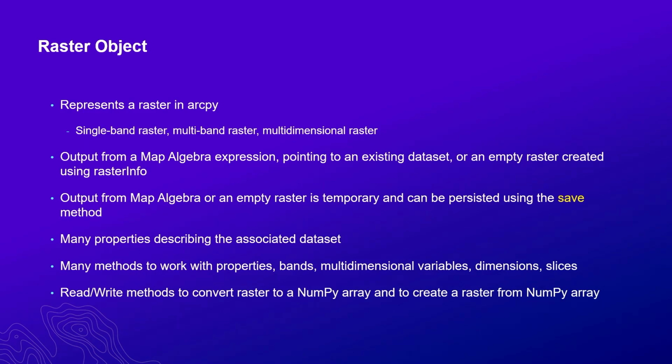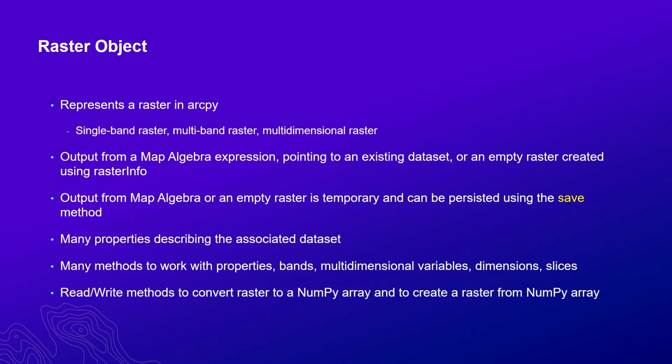How do you get this? This raster object can be created when you're executing a Map Algebra expression and getting an output. You can also point to an existing data set to do so. Or you are creating an empty raster and using raster info, that could be a raster object. Now, if you are creating an empty raster object or you are outputting from an expression, your raster will be temporary in nature and you have to persist it.